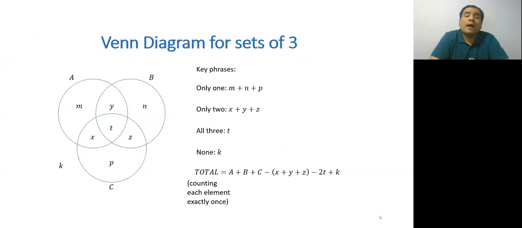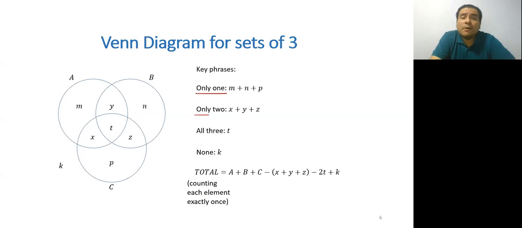You have first those element counts that refer only to elements that belong in only one set, or elements that have just a single characteristic. Those would be "only one." That's a key phrase you may find in a problem, right? Like m plus n plus p represents all the elements that only have one characteristic.